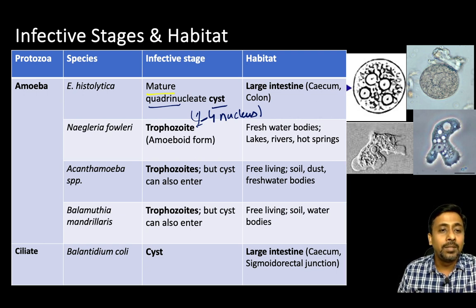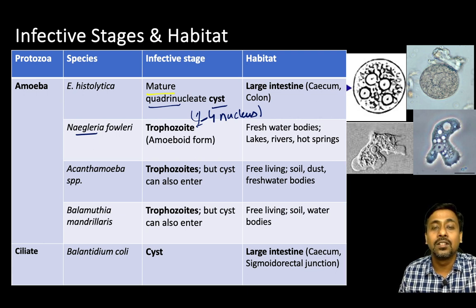The next amoebae are the free living amoebae, and their infective form is different. In intestinal amoebae, the infective form is the cyst, but these free living amoebae do not cause intestinal disease. They cause diseases of the CNS, meningoencephalitis or encephalitis.